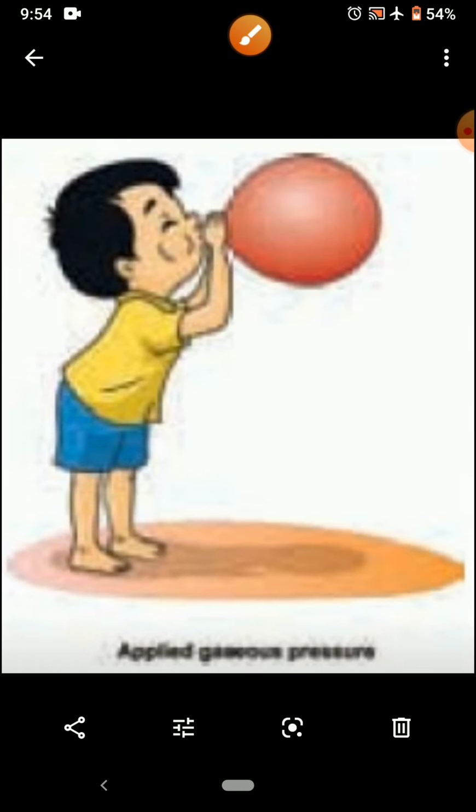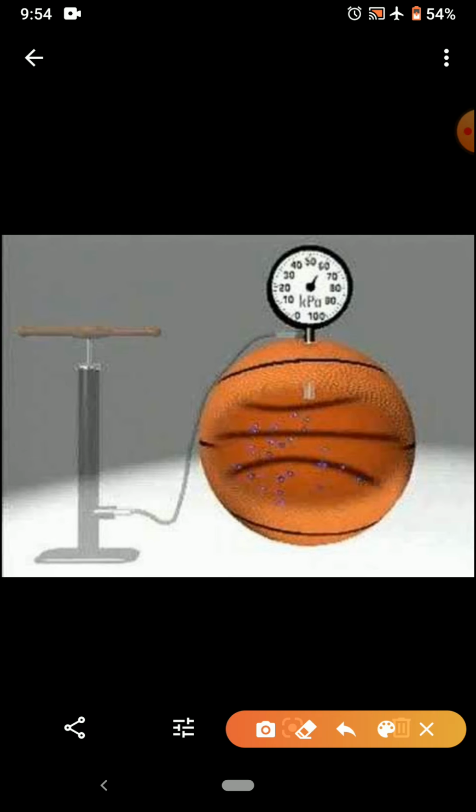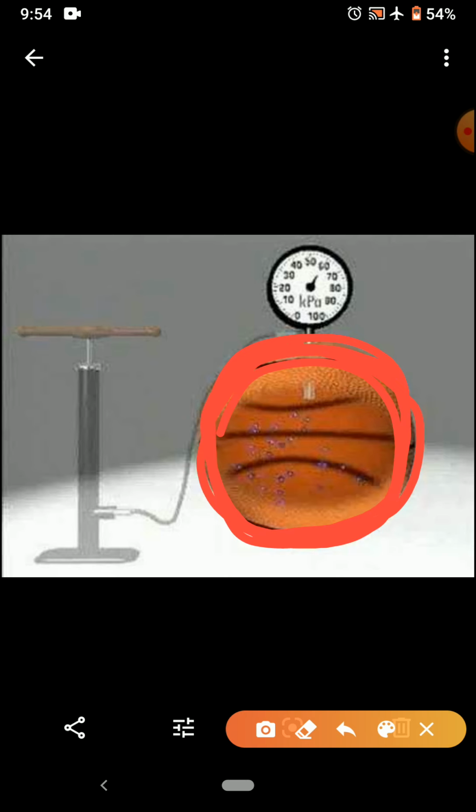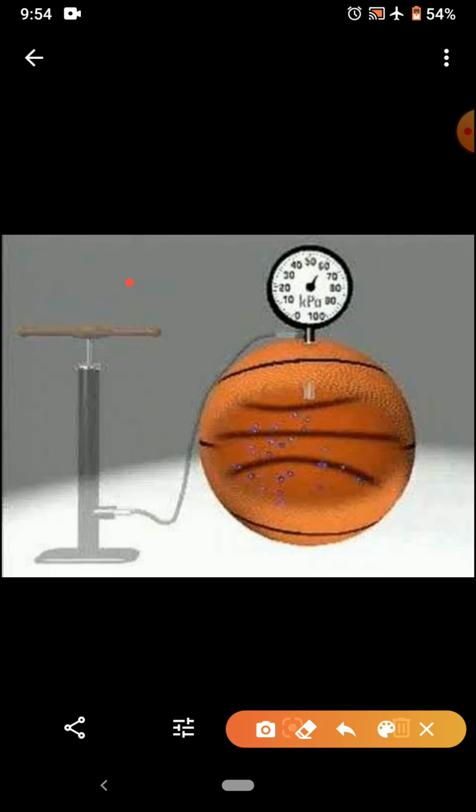Okay, this is another example. If you have a football or volleyball, when you inflate air in this, it will be like a solid ball. You can play, you can kick, you can throw. But when there is no air inside or we deflate it, it will not be like this ball.